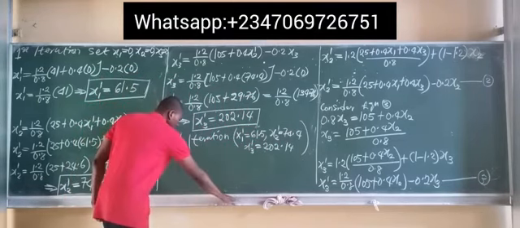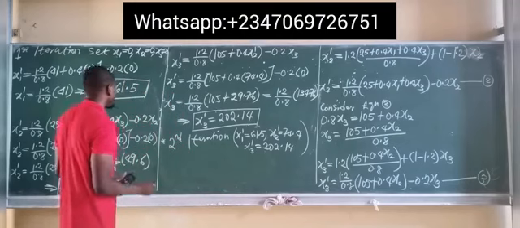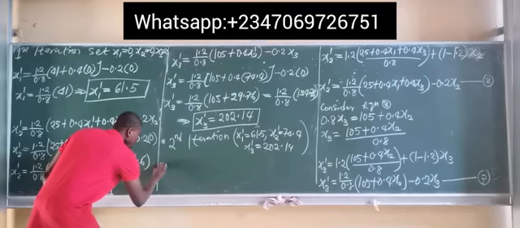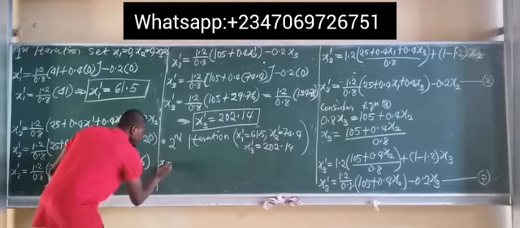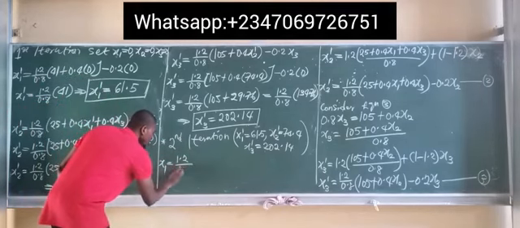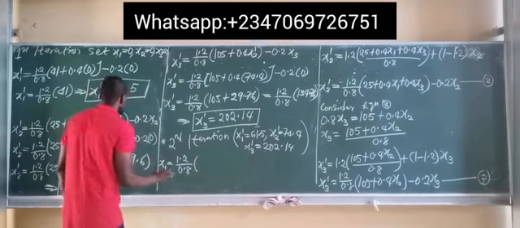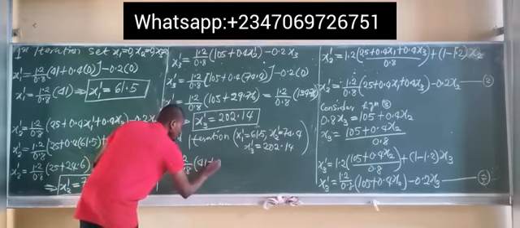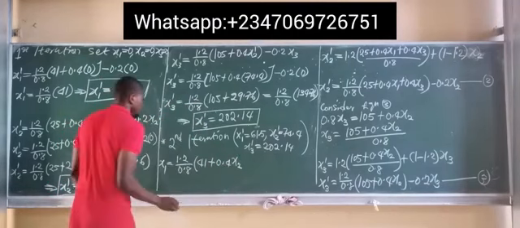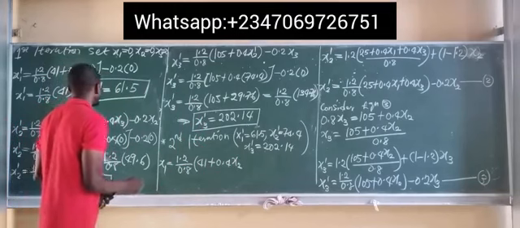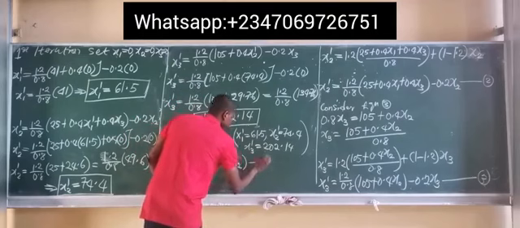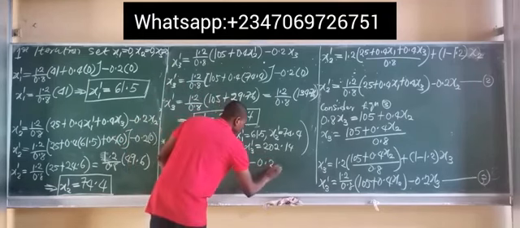So we recall equation 1. Please don't forget, I think I've taken it off, but we can recall equation 1. We had that x1 is equal to 1.2 all over 0.8 into 41 plus 0.4 times x2 minus 0.2 x1.